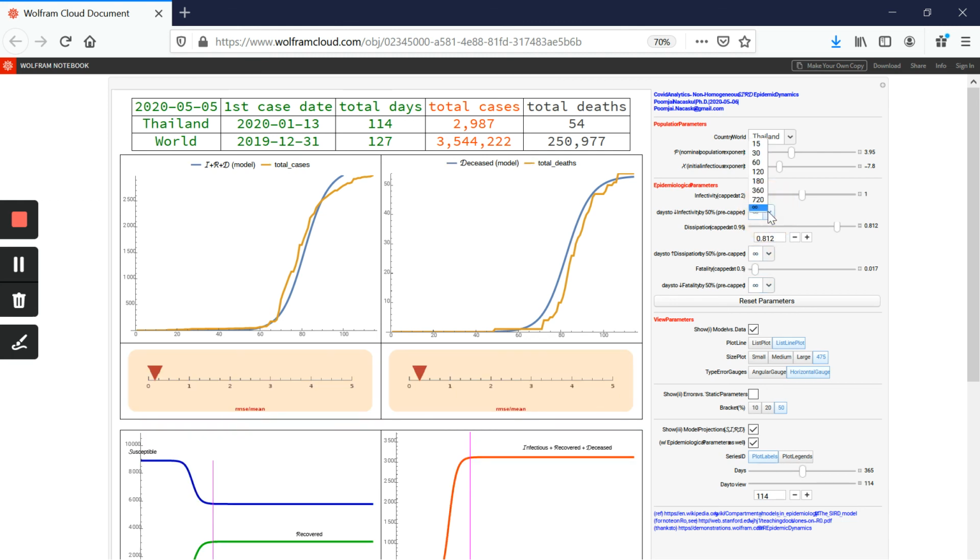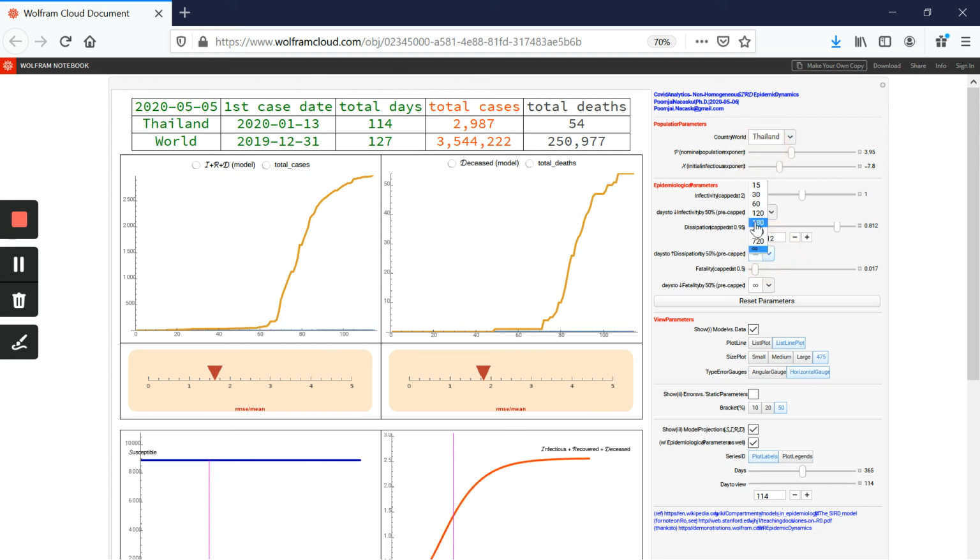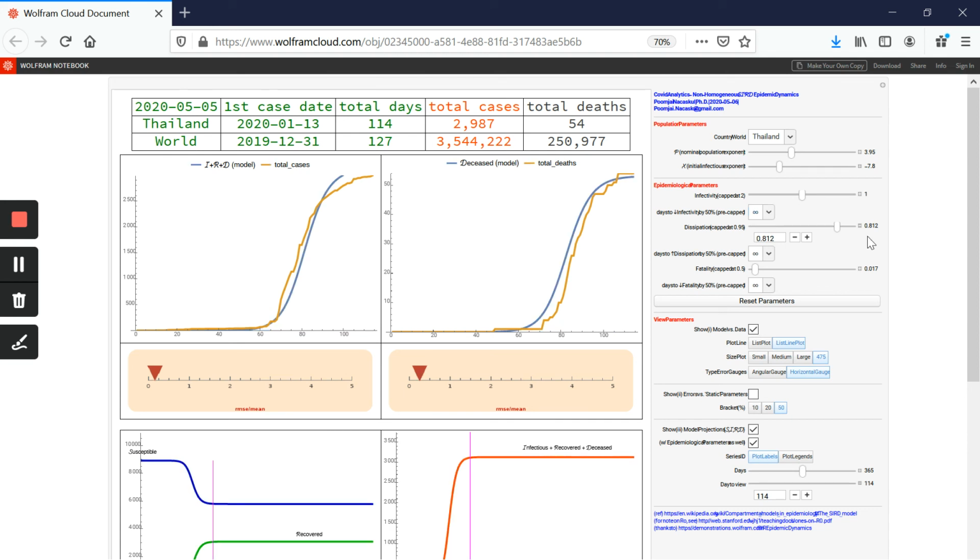But certainly you can fiddle around, say, what would happen if we had been able to improve the infectivity? What would have happened if we had been able to improve the dissipation? In this case, the result can be quite dramatic. Okay, so once again, in the fitting scenario, I leave it at infinity, but you can do scenario analysis.